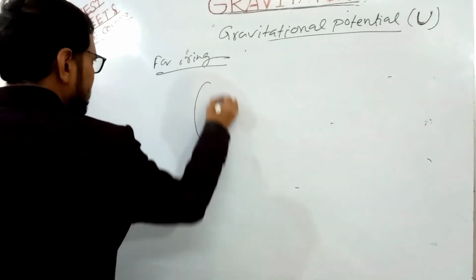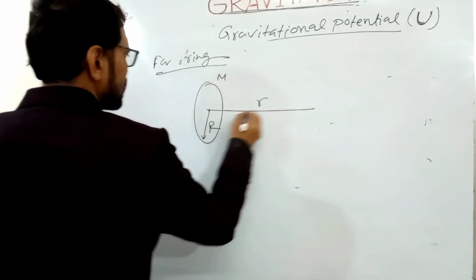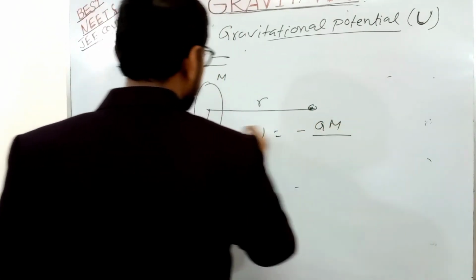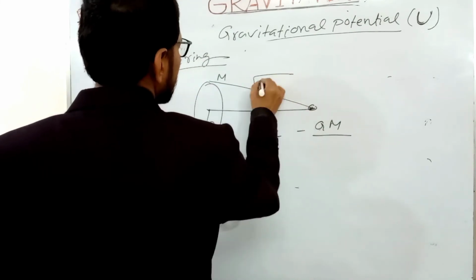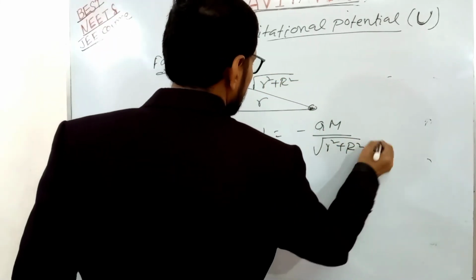A ring, suppose this is a ring of mass M and radius R, and on the axis at distance r, U equal to minus G M by the distance, just this distance. What is the distance? The distance is root of R square plus r square, on the axis.